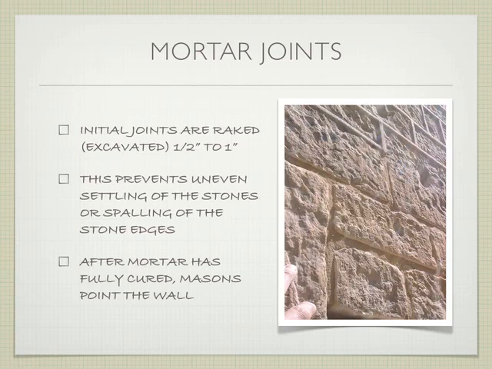So there's still mortar that's causing it to bear correctly, but I'm deliberately pulling out and scraping out the front part of that mortar, okay? So that gets the mortar out, and it prevents uneven settling of the stones or any kind of weird stuff that might happen to the edges of the stones, right? After the mortar has fully cured, so the structure is intact, then I'll go back and point the wall.